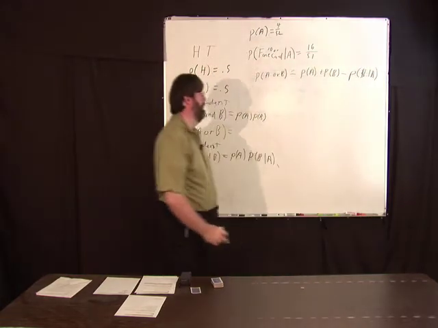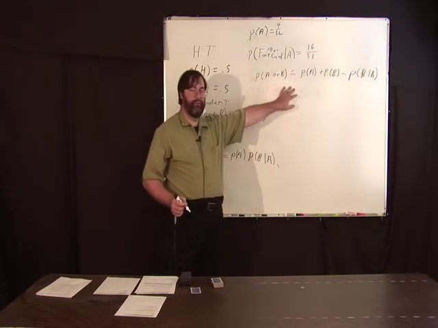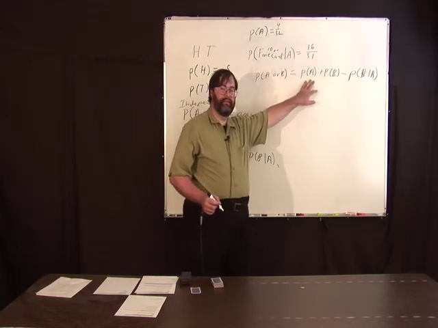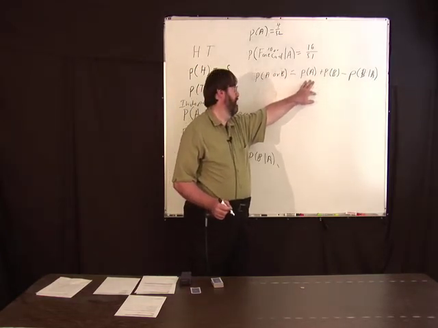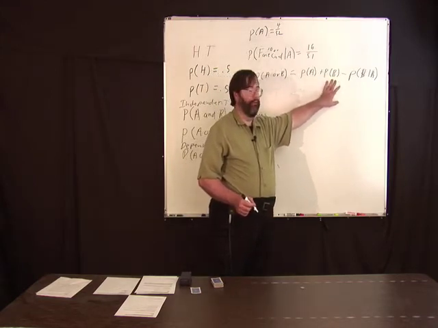Okay? So the probability is different in the case of this card example. Probability of drawing an ace is 4 out of 52. Probability of drawing a spade is 1/4.